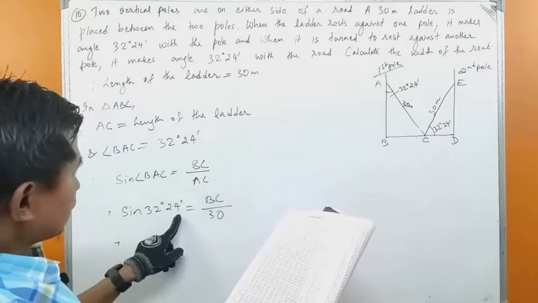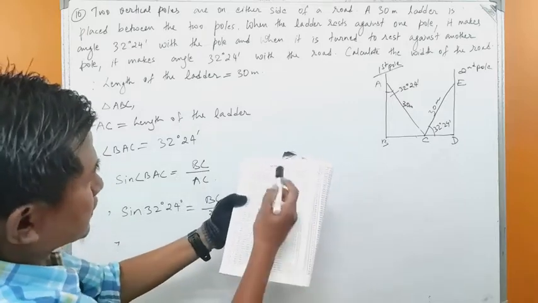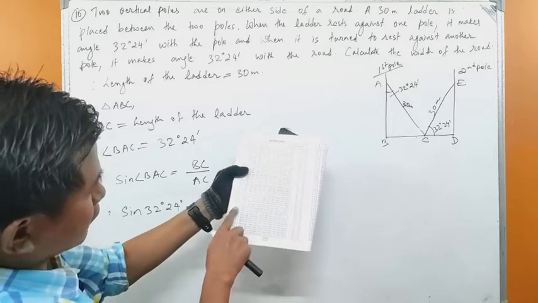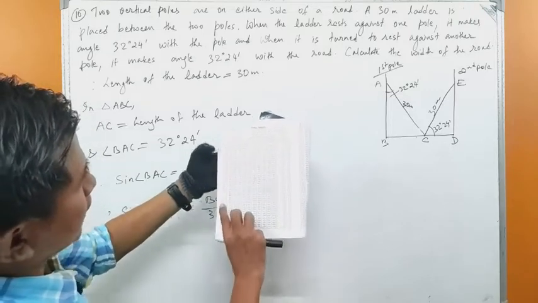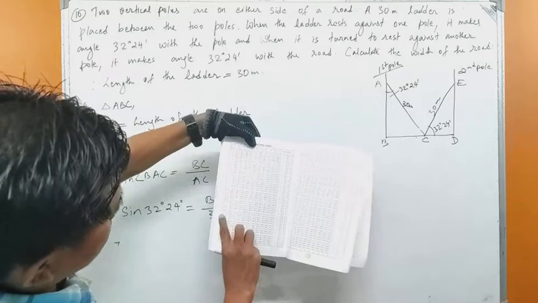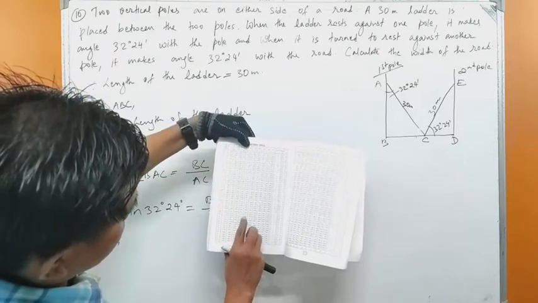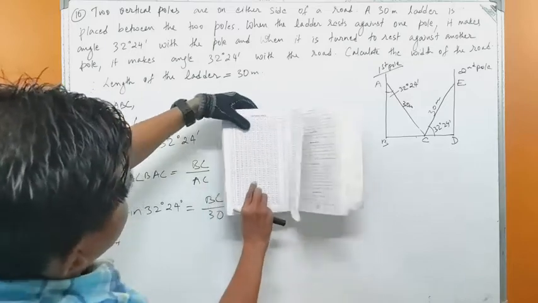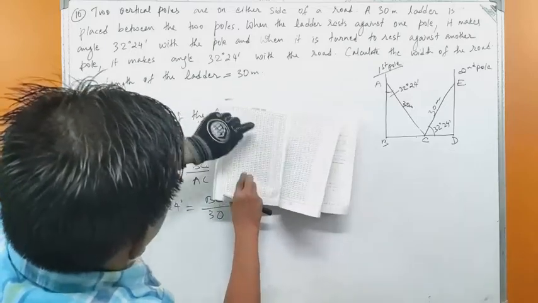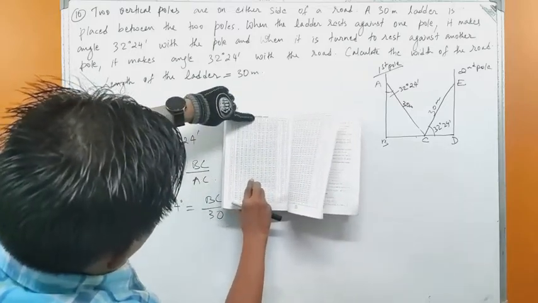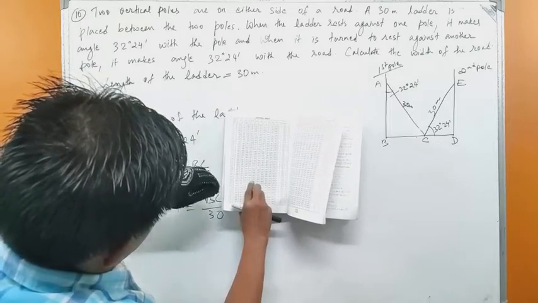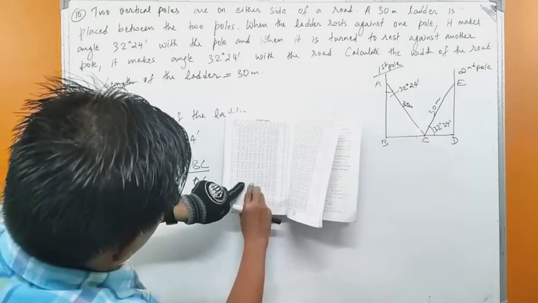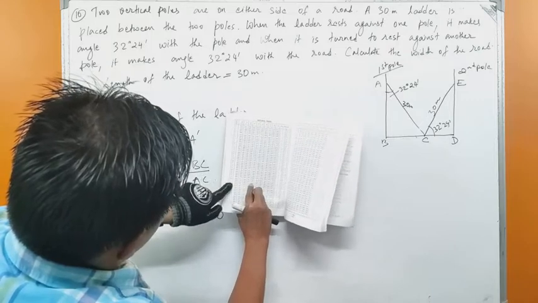Okay, don't worry, this trigonometric table will be provided to you. So sine 32 degree 24 minutes means natural sine 32 degree, we see 32 degree, and here 24 minute. This is 24 minute, this is 32 degree, where the two lines meet.